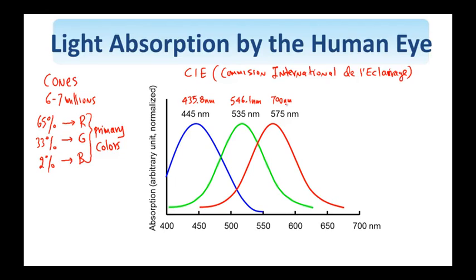These standards were set before the experimental curves that are shown here became available, and this is why there is this discrepancy. We see here that the absorption of the blue peaks at 445, while the designation by CIE was at 435.8, and so on and so forth.